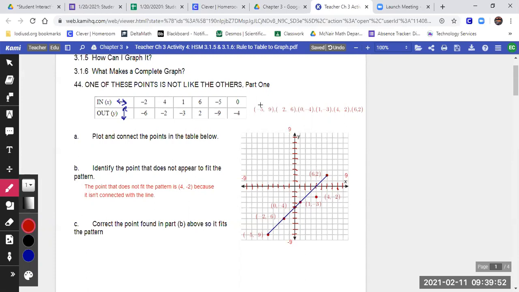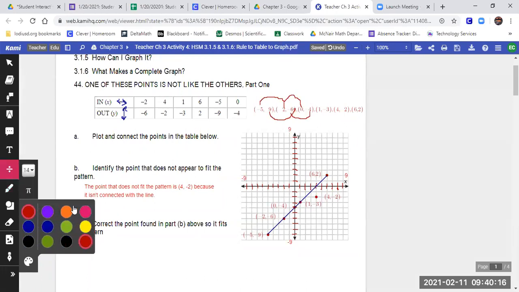So I'm looking at what is going on between my x's from least to greatest, and what is going on with my y's least to greatest. I've got to see if there's a pattern. We're going to look at those two first.